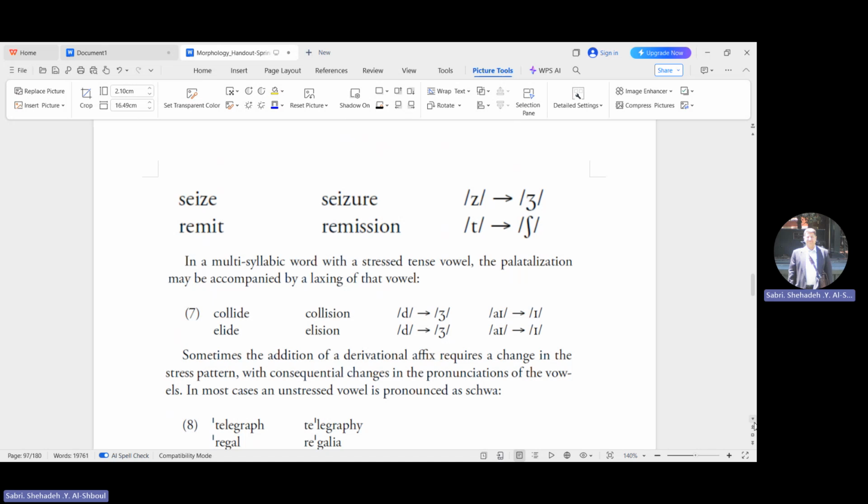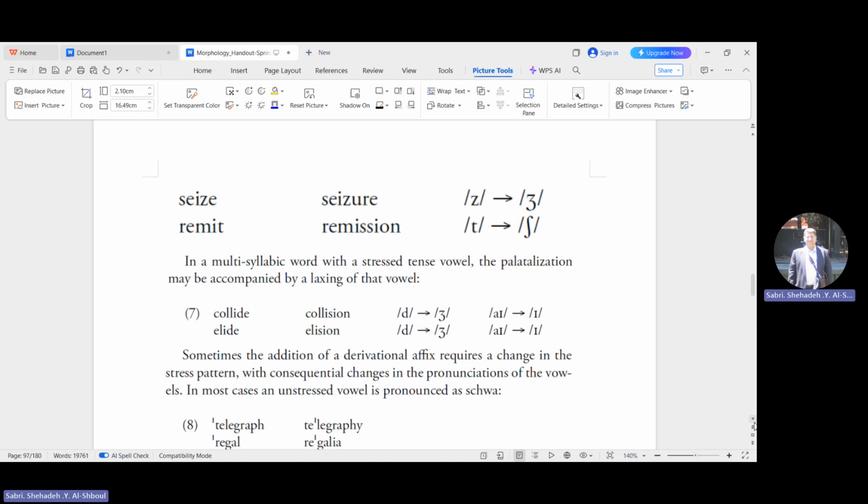So we have two processes. Process one is collide, right? And then collision. So the addition of the suffix renders the d to become zh, palatalization, and a shortening of the vowel. Collide becomes collision, so you have two short vowels.